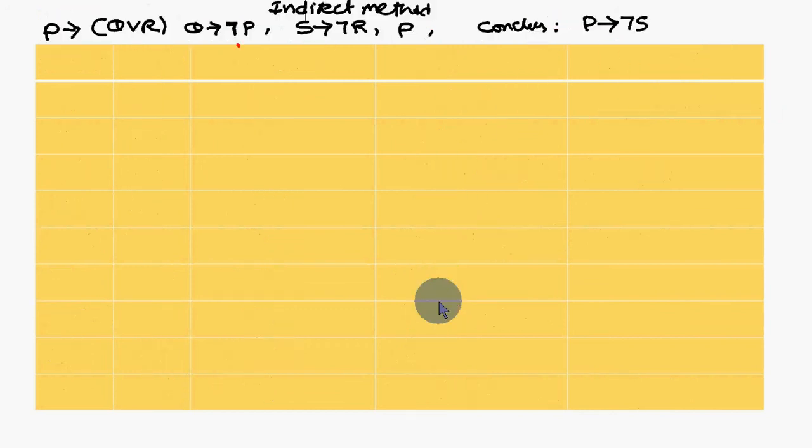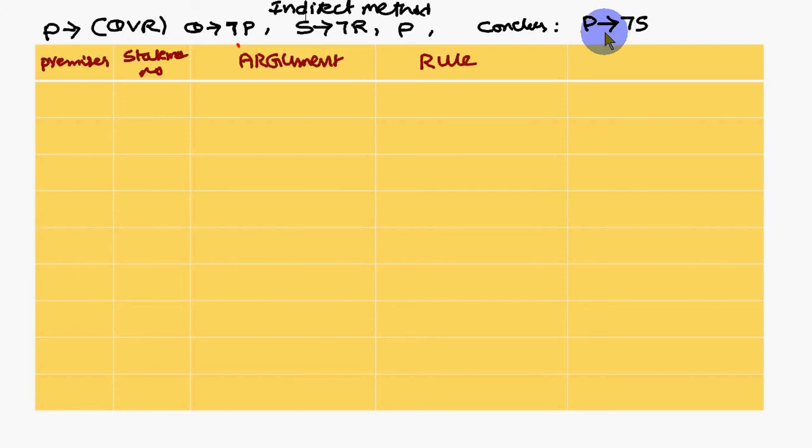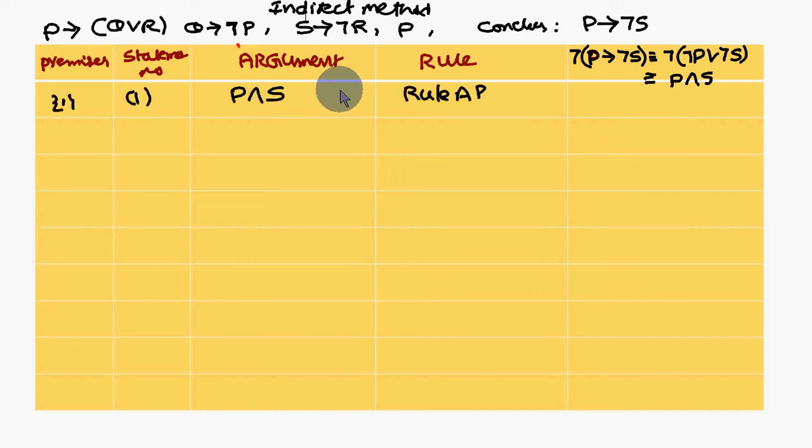Okay. Next we will go to one more problem. The premises are P conditional Q or R, Q conditional not P, S conditional not R, and S. The conclusion is P conditional not S. So in the indirect method, what are we doing? We have to consider the negation of the conclusion, that is negation of P conditional not S. As usual, I am removing the implication, so what you are left with is not P or not S. Now you apply the negation: not of not P is P, or will become and, not of not S is S. So P and S. Now this P and S I am introducing as rule AP, or additional premise.